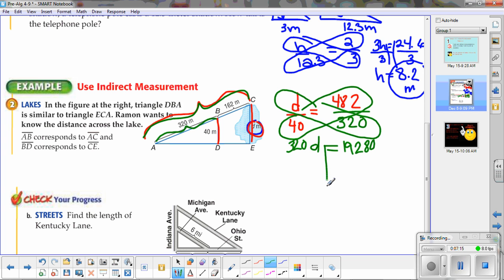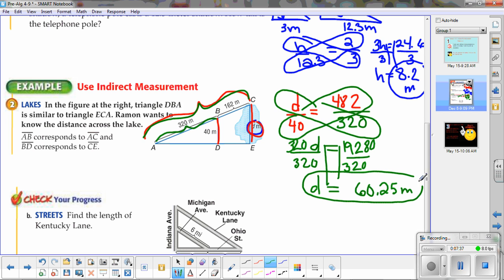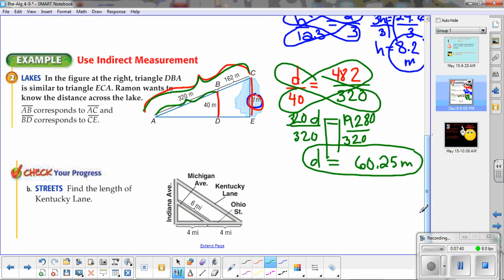Now to solve this, you would divide both sides by 320. When you divide by 320, you get 60.25. So the distance is 60.25 meters across the lake. You may want to pause the video and try the last one on your own.